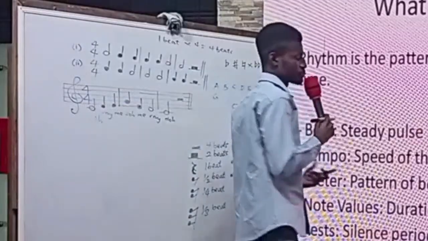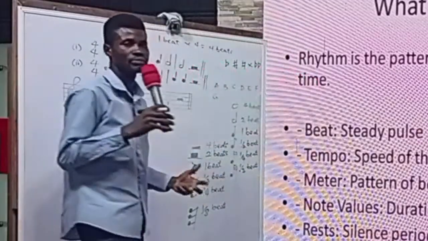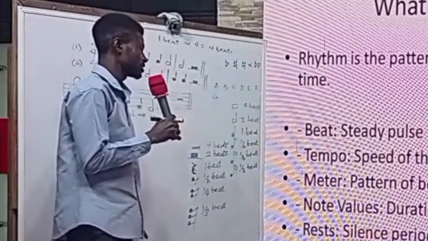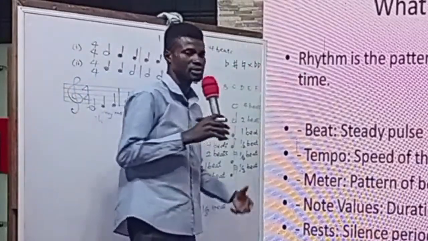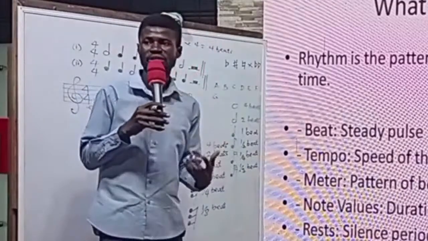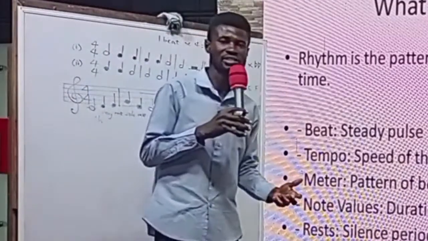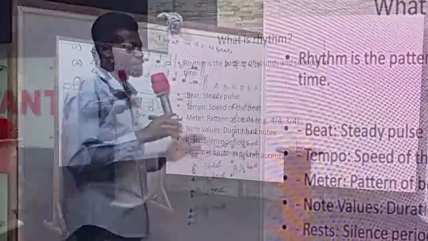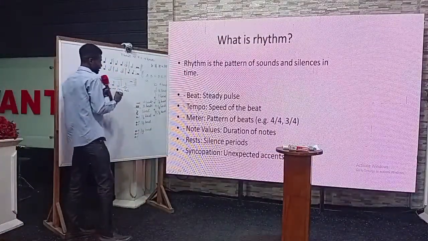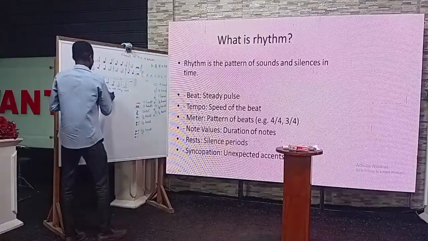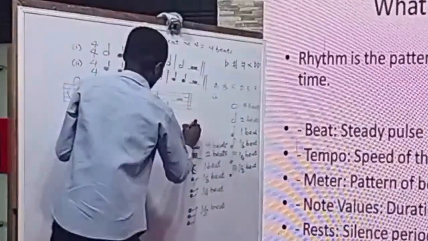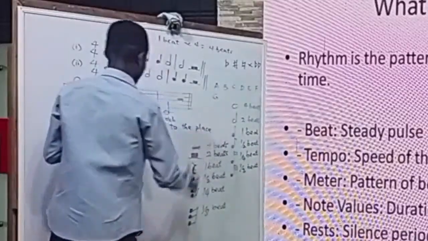So it is very important to get the flow of a piece of music right, because when you communicate, you have to communicate effectively. You can't tell me that you want to say, for instance, look at this sentence: take me to the place.